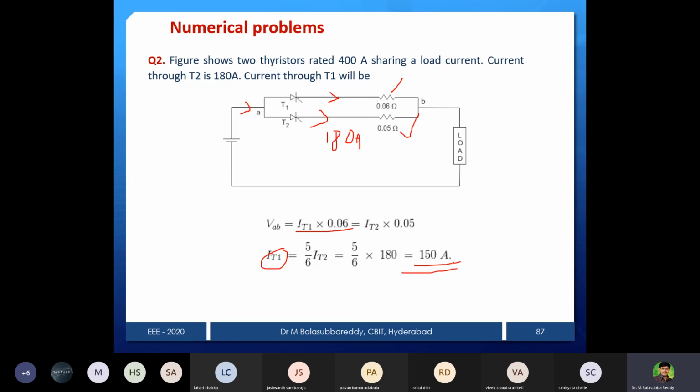So, same as in the explanation, if I connect a resistor forcibly, the current shared by the devices is going to be equal. Here it is going to be shared proportionately. So that's the reason one is 180, another one is 150.